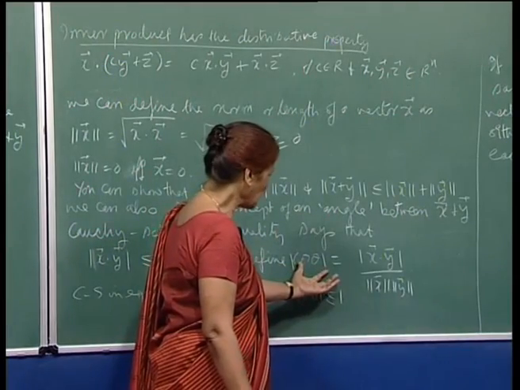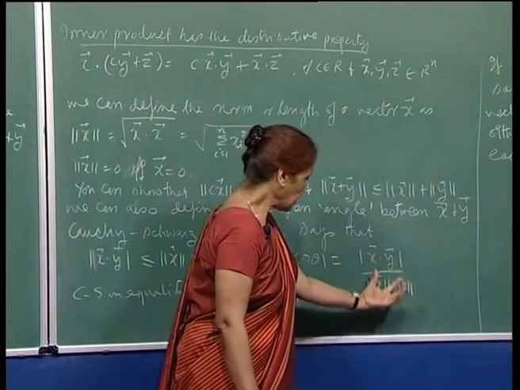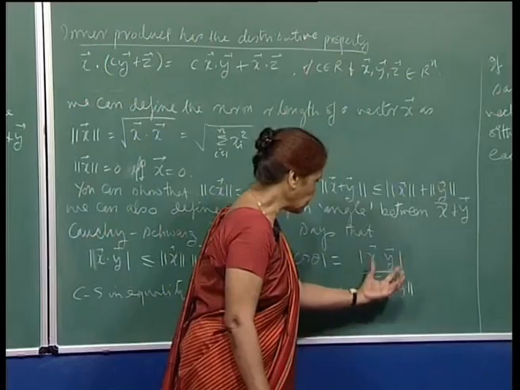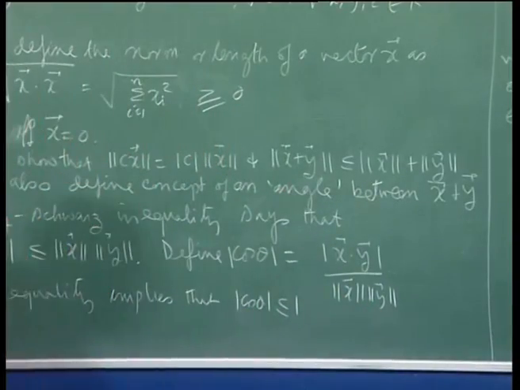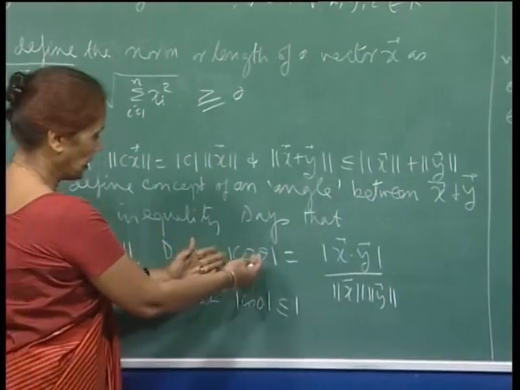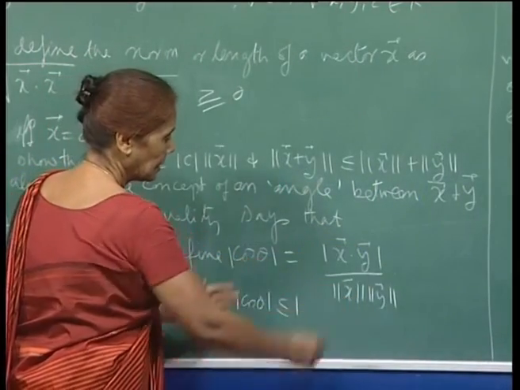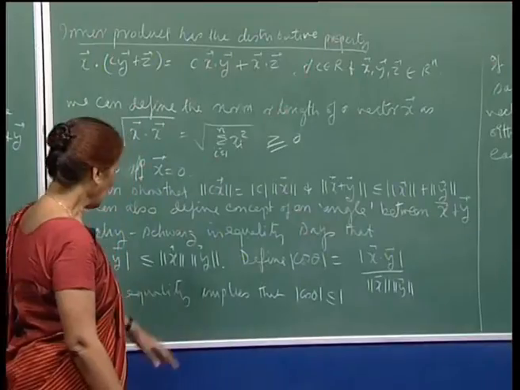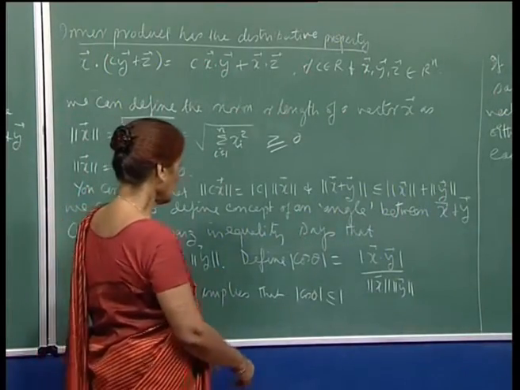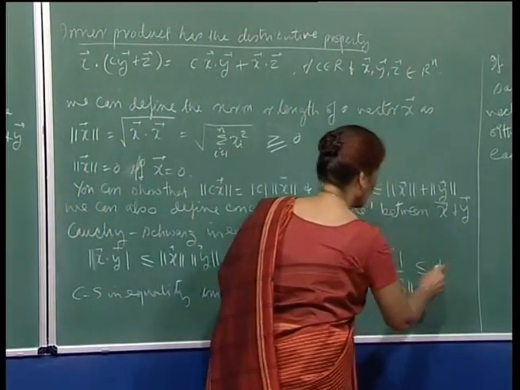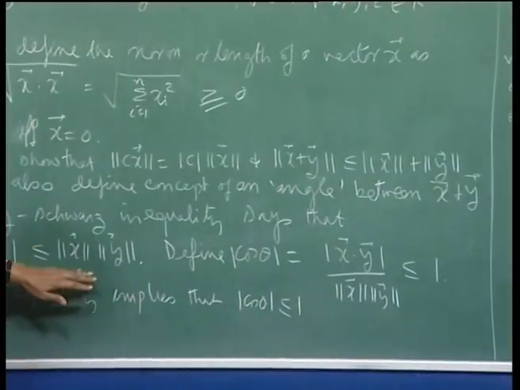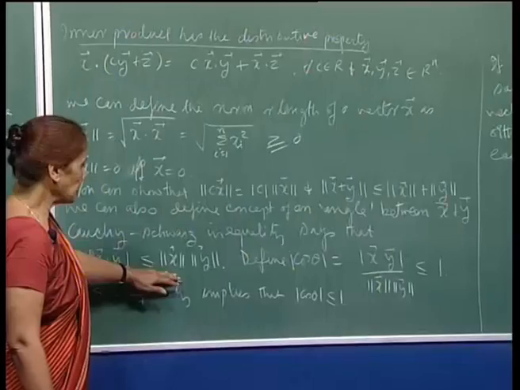And then with the help of this, we can define the angle cosine theta. So, the absolute value of cosine theta would be the absolute value of the inner product divided by the two norms, you see. So, in other words, if you just want to define cos theta, it will be equal to x dot y divided by norm x times norm y. Okay. And so, this is less than or equal to 1, because of the Cauchy-Schwarz inequality.